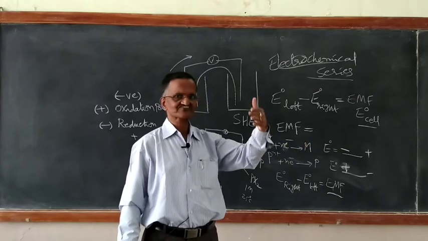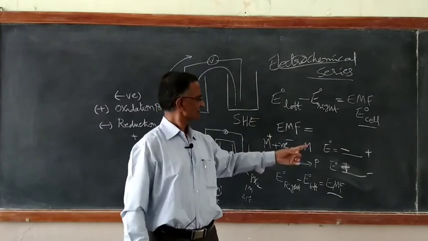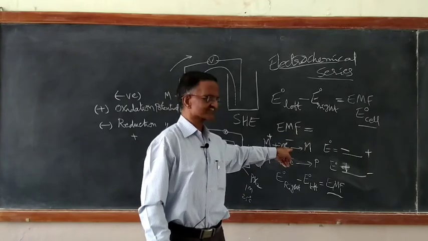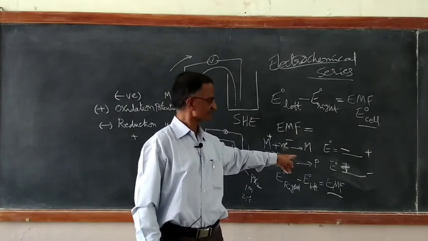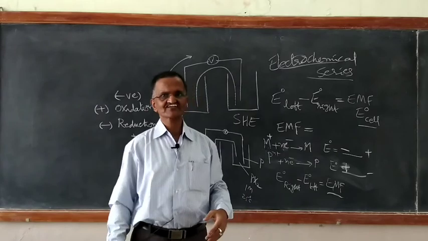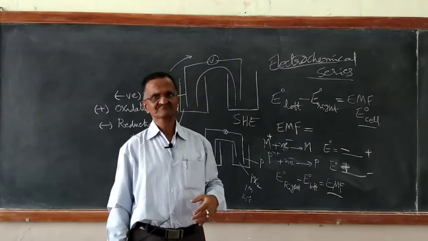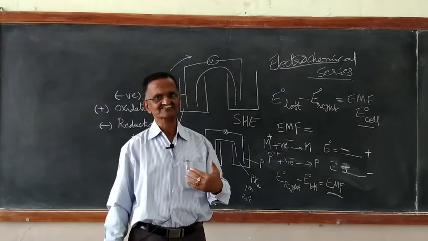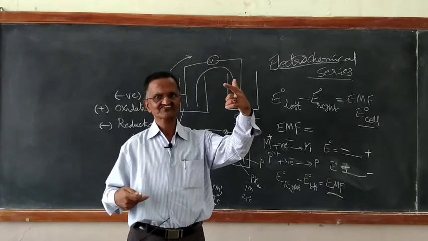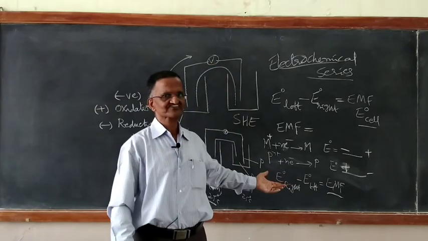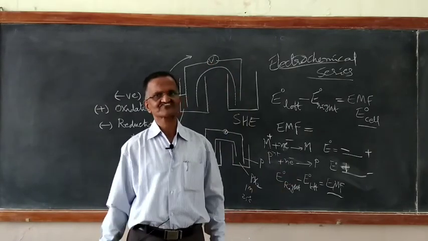But towards the end, for the same reduction process, the values turn out to be in the positive sign. That means they are ready to undergo reduction. So first one, last one you should take and construct an electrochemical cell that will give you the highest voltage.